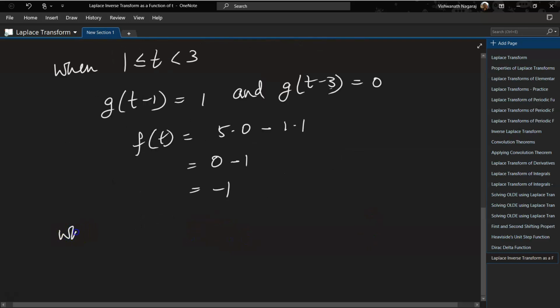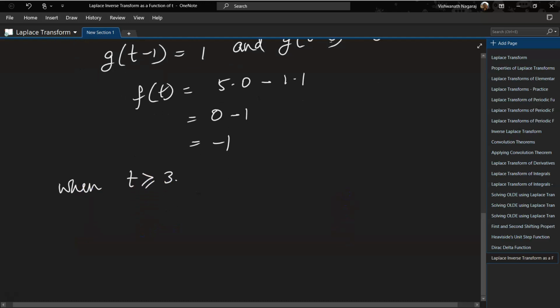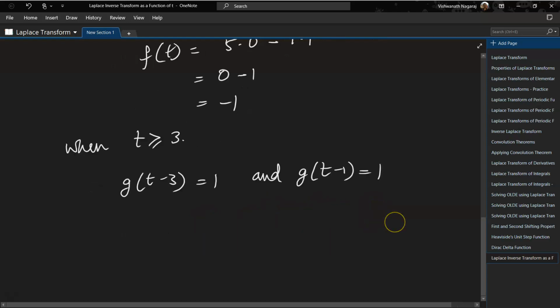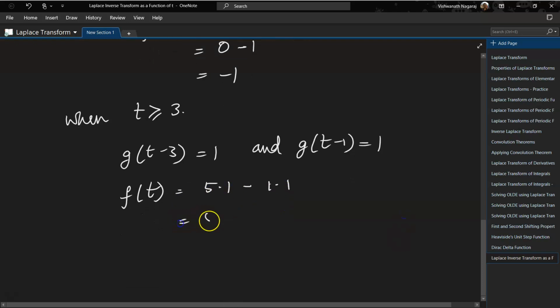And when t is greater than or equal to 3, in that case what happens? In that case, g of t minus 3 is equal to 1 and g of t minus 1 is equal to 1. Okay? So which means f of t becomes 5 times 1 minus 1 times 1, which is 5 minus 1, which is 4.